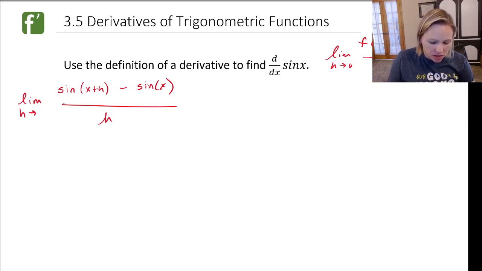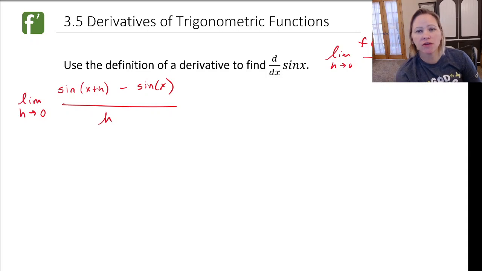Now, normally when we evaluate a limit, as we consider h approaching 0, we would try to use substitution. And the problem with this definition of a derivative is anytime we use it, we get what's called the indeterminate form. We get 0 over 0. And it's important to understand that 0 over 0 is the indeterminate form because, remember, we're not plugging 0 in.